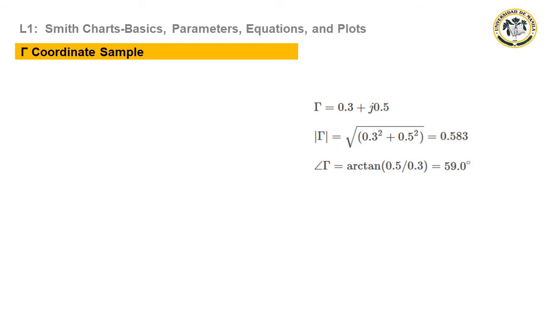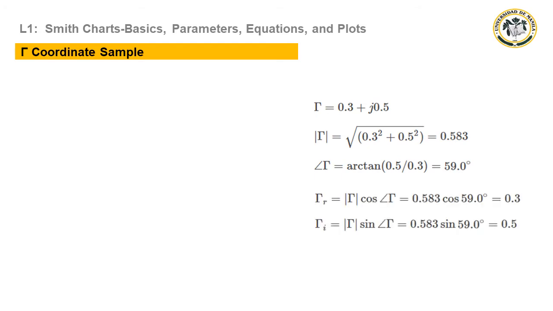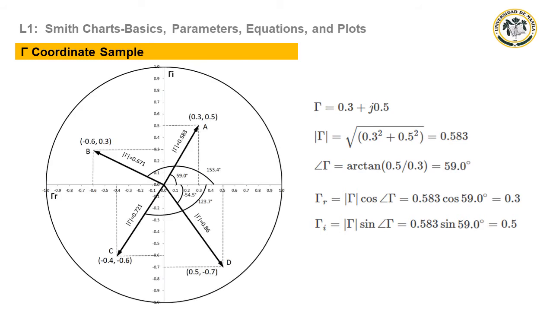Thus, we have 0.583 and the angle will be 59 degrees. Conversely, we can also do the reverse, that is gamma cosine of its angle, that 0.583 cosine 59 will be 0.3 and 0.583 sine 59 is 0.5. In this particular example, we have this reflection coefficient at point A.